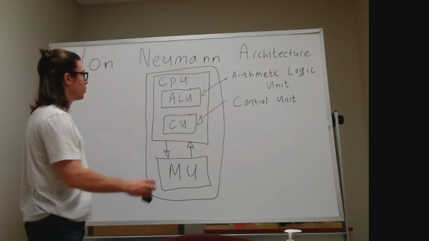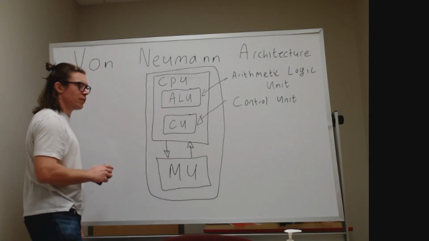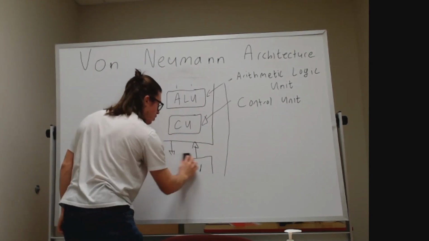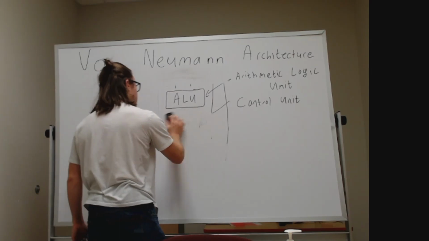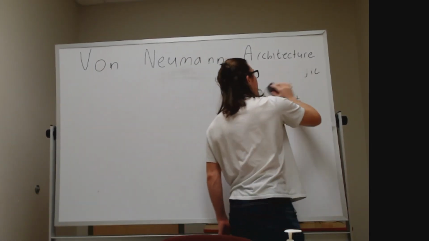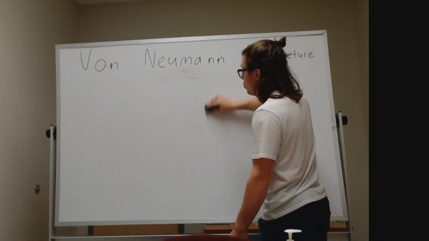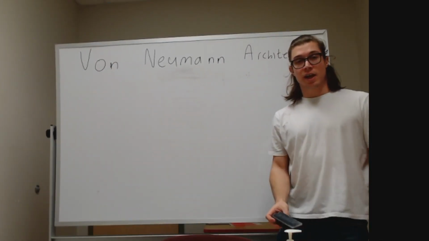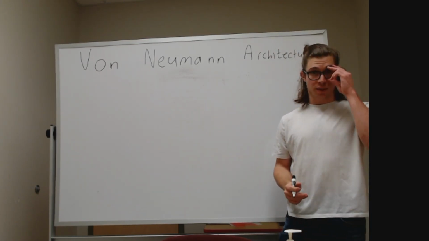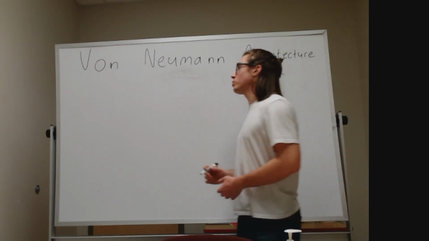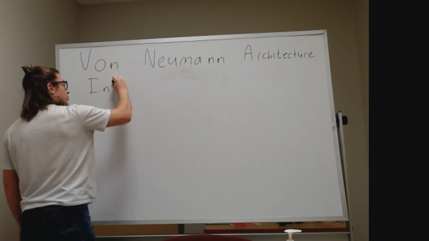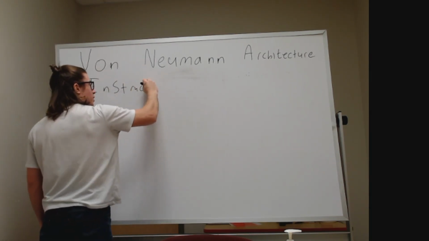Now, we've got our ALU and we've got our CU, but what do they actually do? Well, we just discussed that a stopwatch, in order to change what it does, we would need to go in and rewire it. So why not devise a piece of circuitry that can do a bunch of set tasks, and instead, based on the signals that you send through it, it decides what tasks to do. And that brings us to what we call the instruction set of a machine. So what is the instruction set?